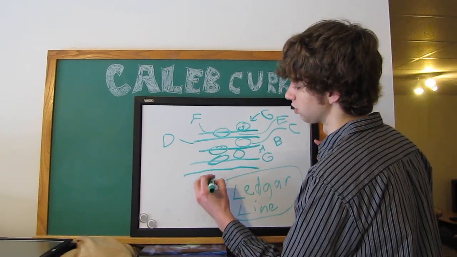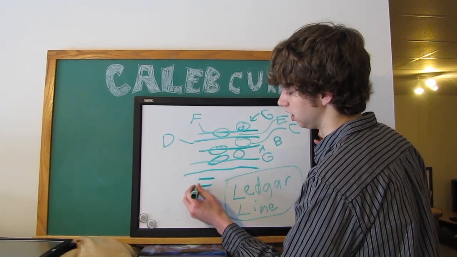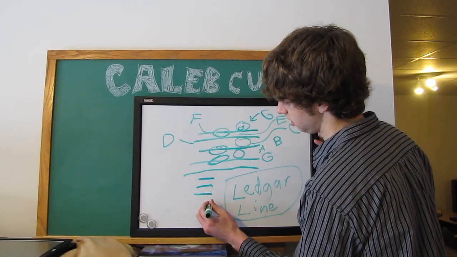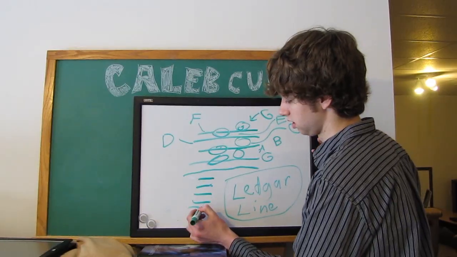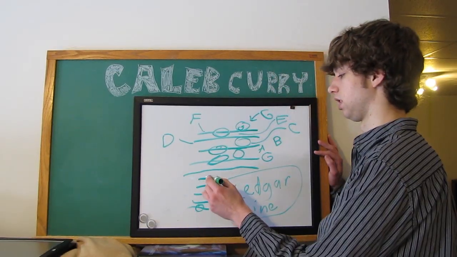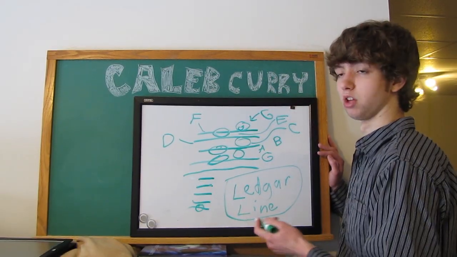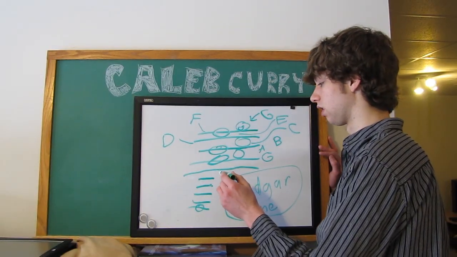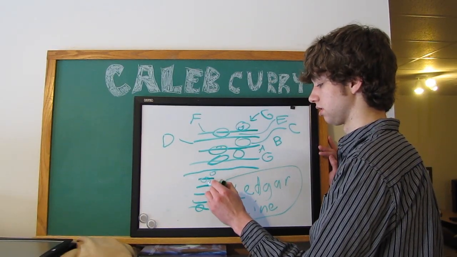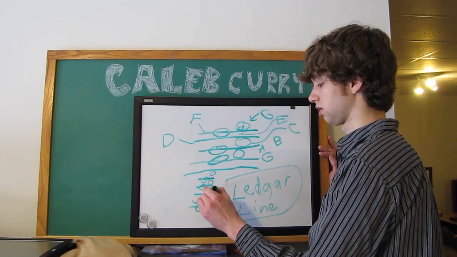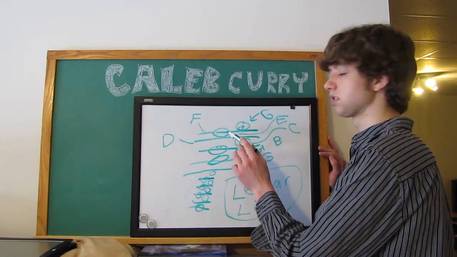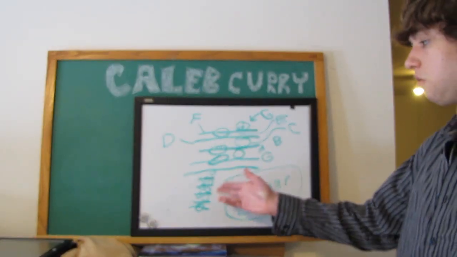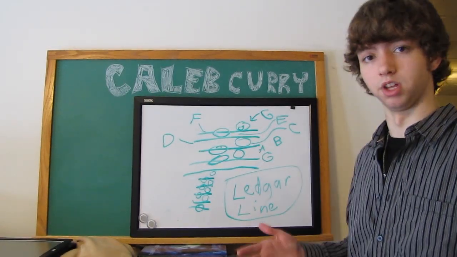So an example of a ledger line would be here, and here, and here, and here, and here. So if we wanted to represent this pitch, we'd have to create 1, 2, 3, 4, 5 ledger lines to tell them that's how far to go down. Because there's all these notes here. So this one's going to be like, duh, and this one's going to be like, duh. Because this is a lower pitch on the staff.